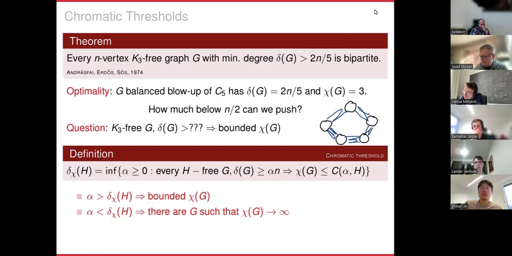But the important thing here is that this constant depends only on the excluded graph, in our case K3, and the alpha from this min degree condition. Now, this definition is long and has a bunch of quantifiers, but its meaning is essentially the following. If you take alpha strictly larger than this threshold, then we get a bounded chromatic number. And if we take alpha strictly smaller than the chromatic threshold, then there must be H-free graphs such that the chromatic number grows to infinity.